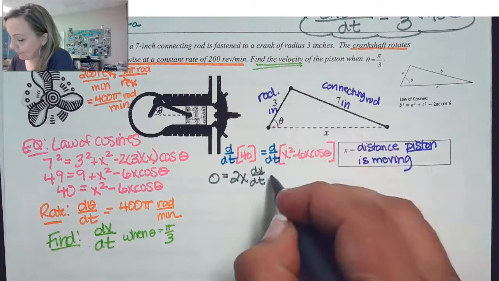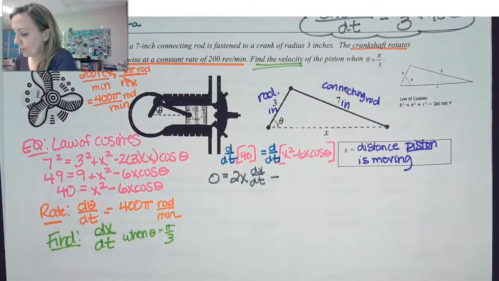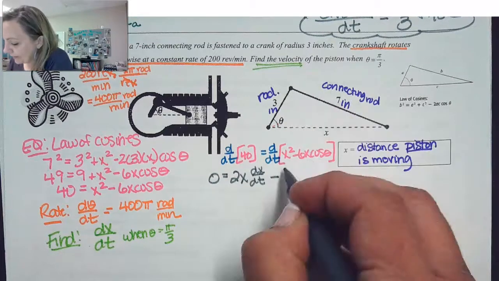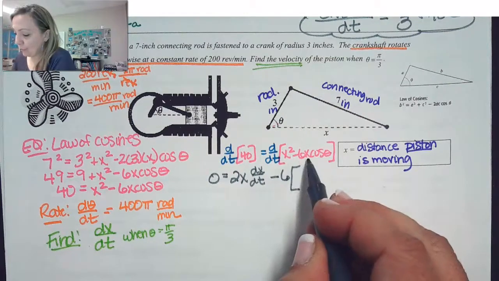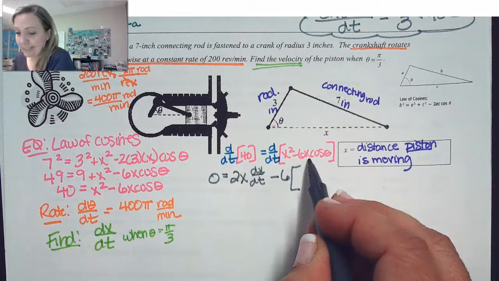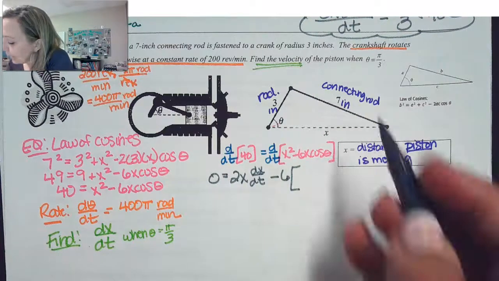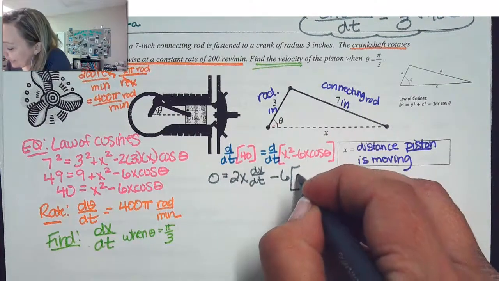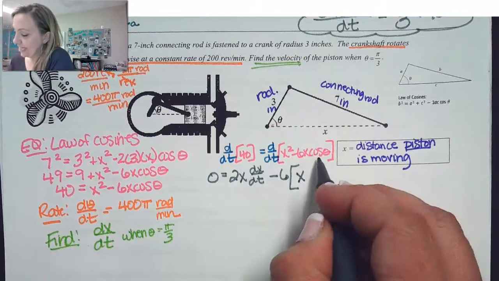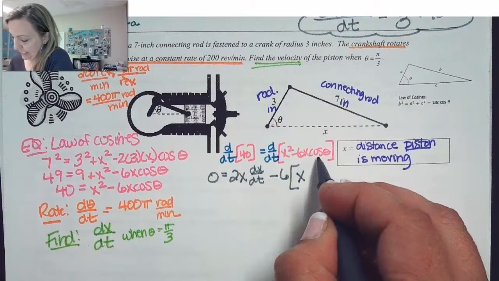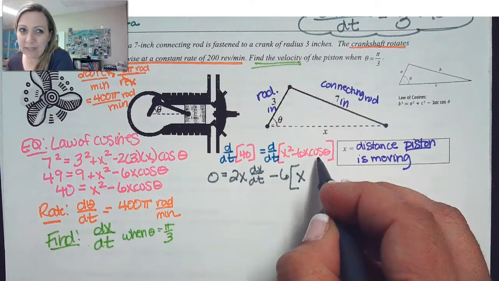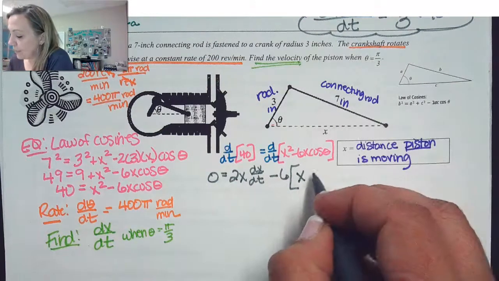Now we're going to have to use the product rule. I'm going to pull the 6 out if that's okay. Now I'm going to use the product rule on x times cosine theta. So I take x times the derivative of cosine theta with respect to t.